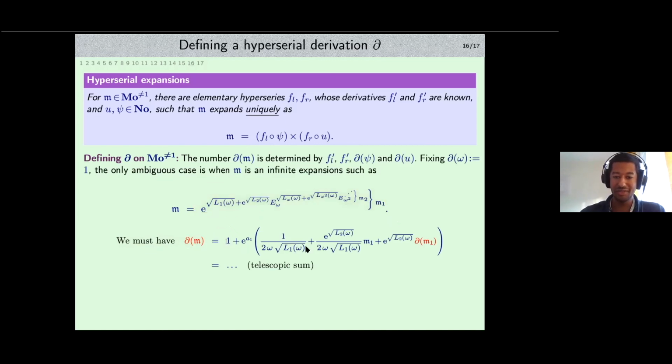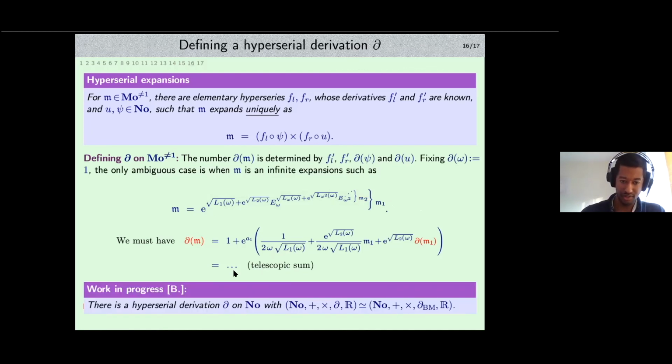Okay, so anyway, what you get if you do this and you expand the derivative of m1 using m2 and so on, you get an infinite sum, which will have a limit, say, and this infinite sum works in the sense that it satisfies the chain rules that you want to have for the derivation.